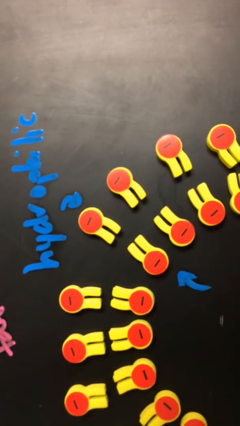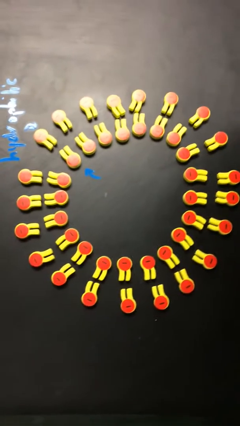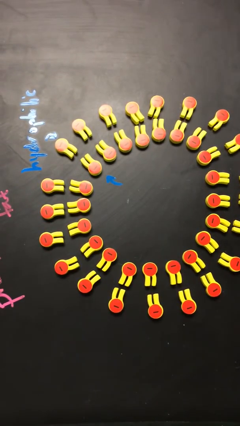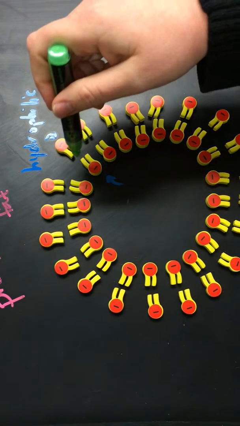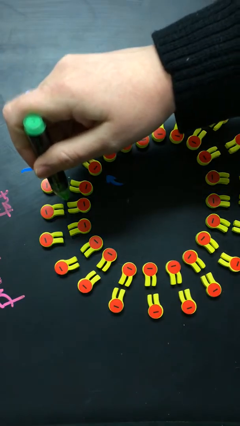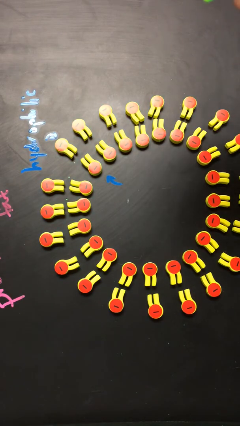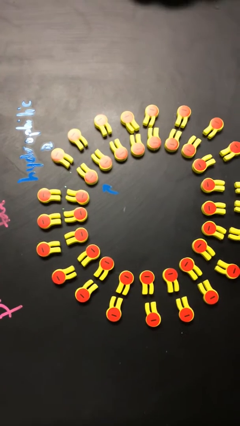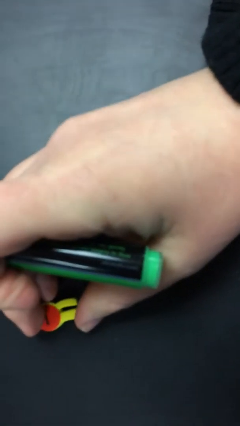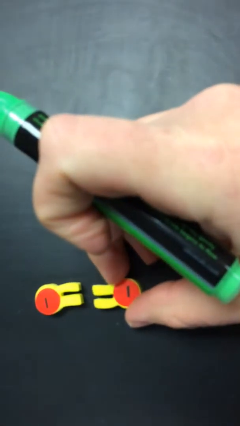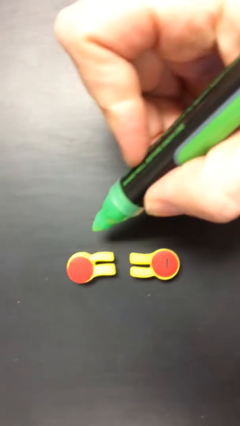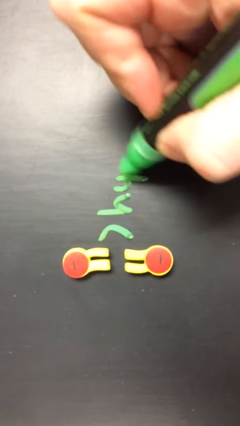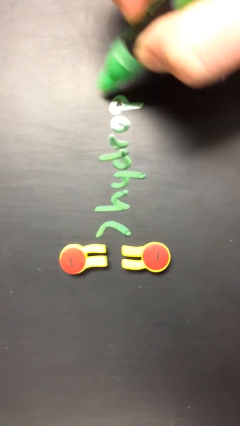And the red part on both sides, whereas the center part here, these little tails in the center, are what are called hydrophobic. So let me draw this here. The center part is hydro or water phobic.